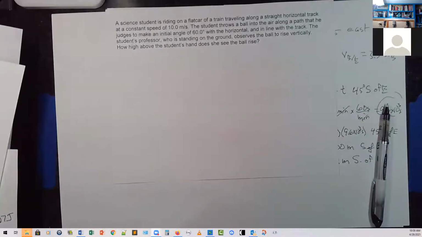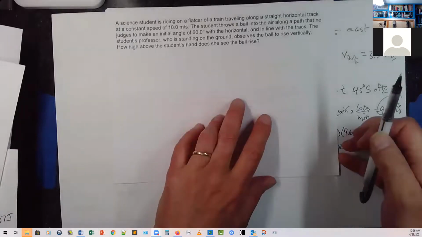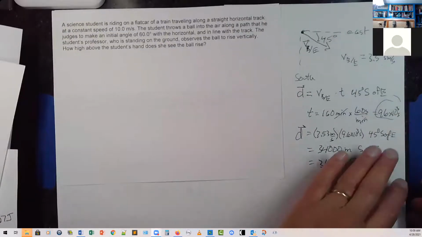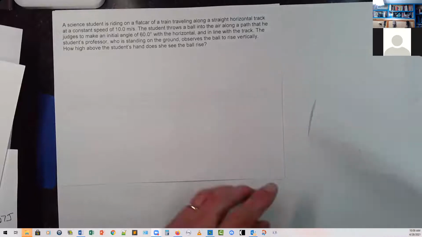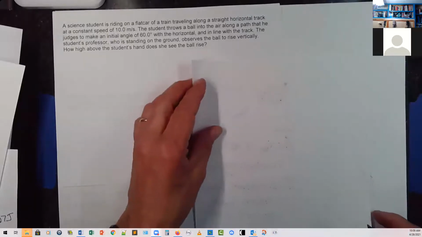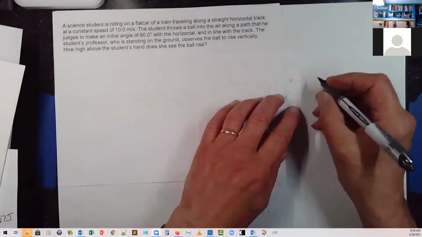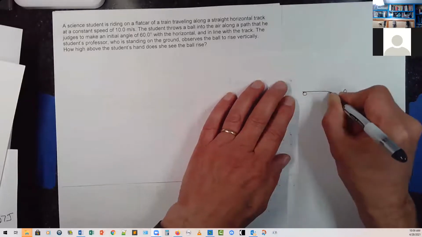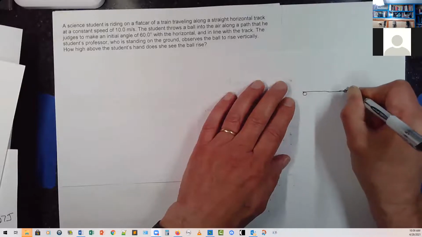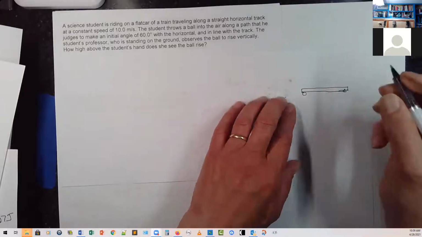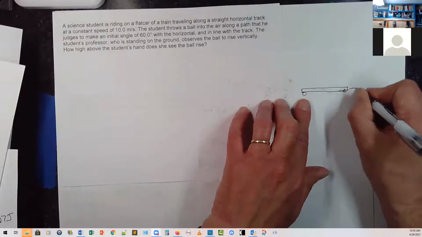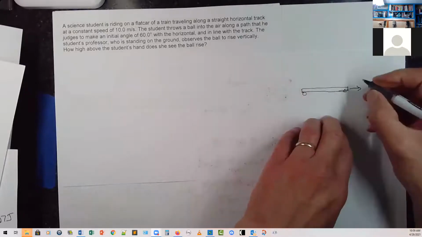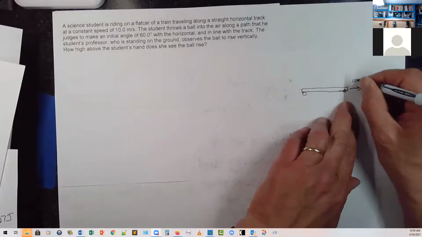We're going to be combining a few different things here, but let's start with a picture. So we'll have this railroad car here, and I'll draw its wheels first. Whoops, missed. That's okay. And let's suppose that the railroad car is going this direction at 10.0 meters per second.